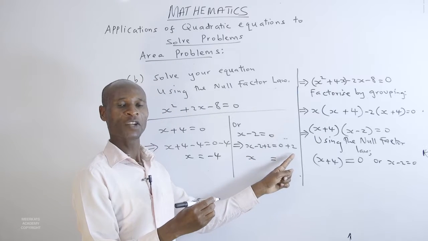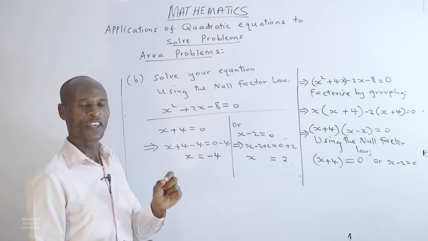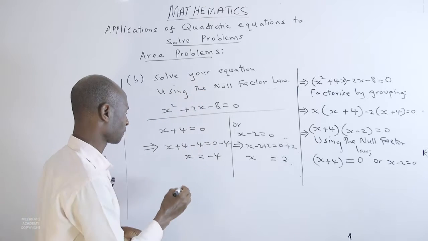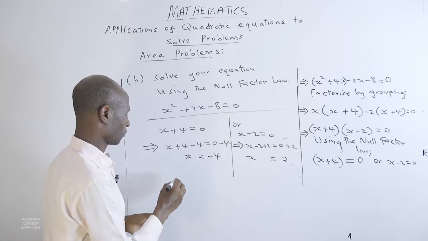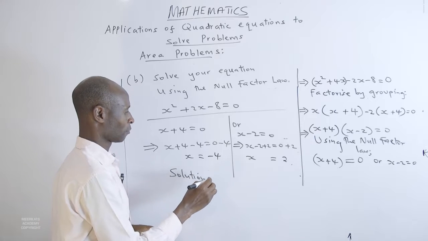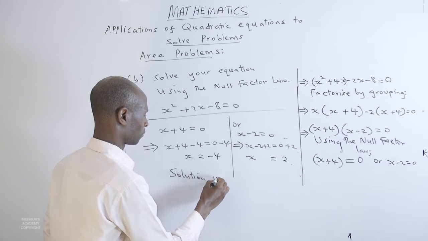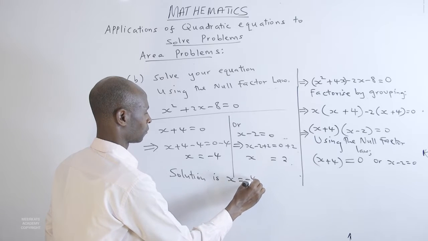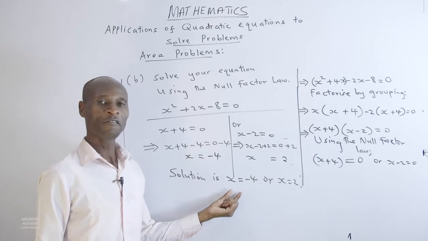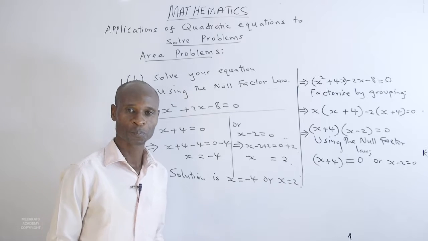Then on the right, we have 0 plus 2, which is 2. Therefore, the solution to this particular equation is: the value of x is -4, or the value of x is +2.